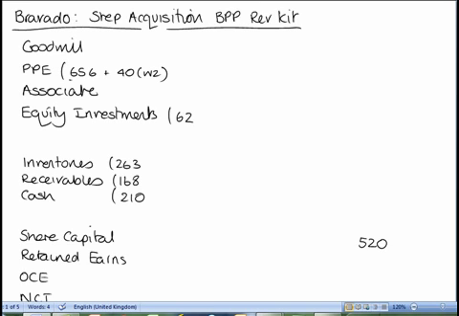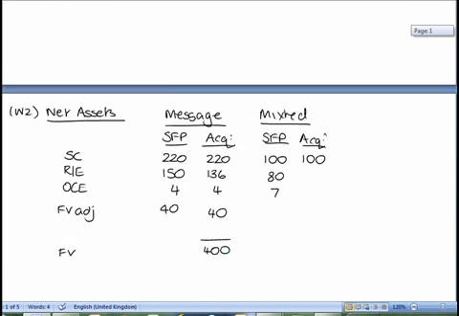Under the terms of the purchase agreement, Bravado is required to pay the former shareholders 30% of the profits of Mixed on the 31st of May 20Y0 for each of the financial years 31st of May X9 and 31st of May Y0. This is what we call contingent consideration.